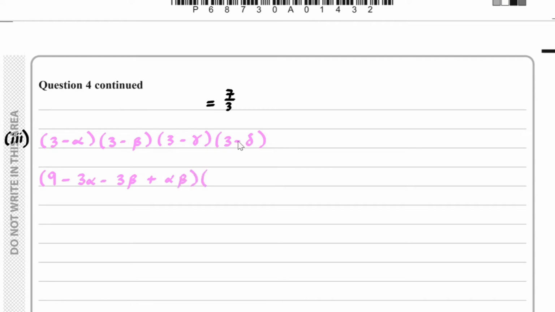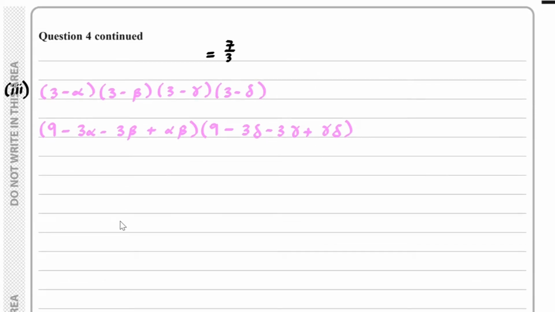And then timesing these two brackets, I've got 9 minus 3 delta minus 3 gamma plus gamma delta. And now to multiply these together, we can use the grid method.